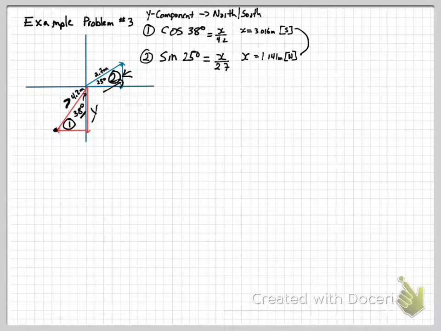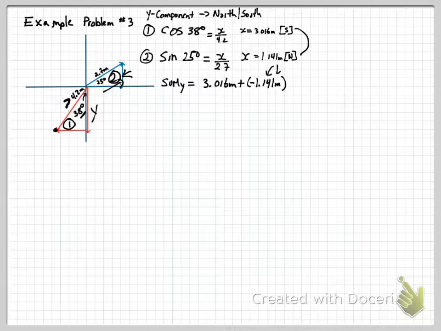So I'm going to get the sum of y is going to equal 3.016 meters plus, because it's the sum, I'm going to make this one negative 1.141 to make it south.